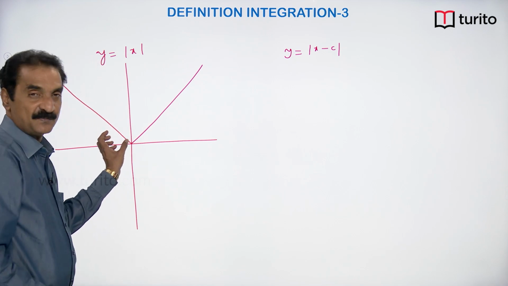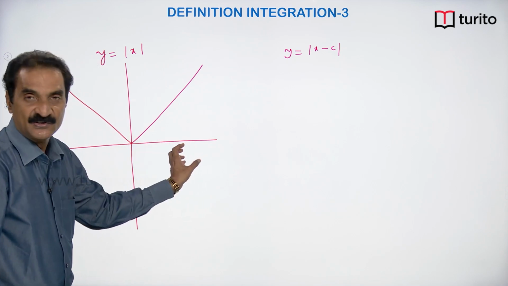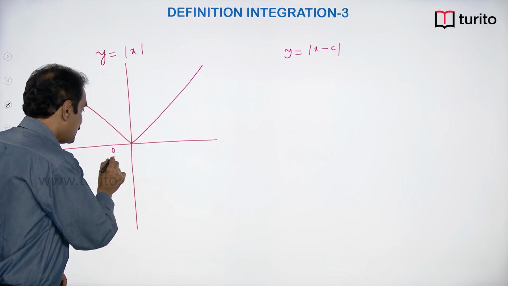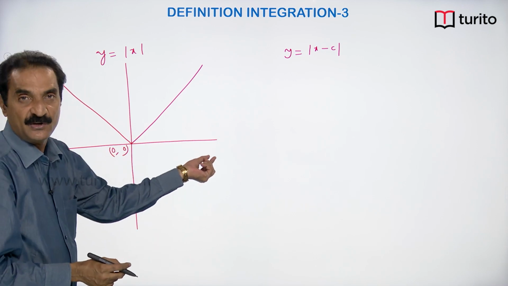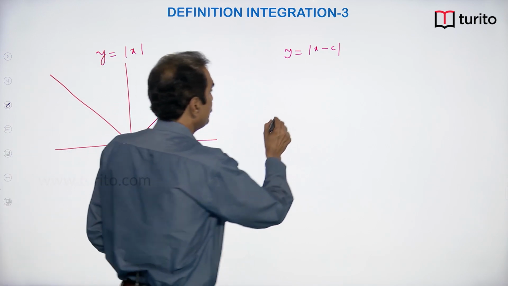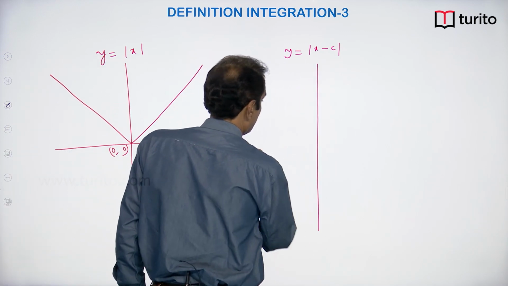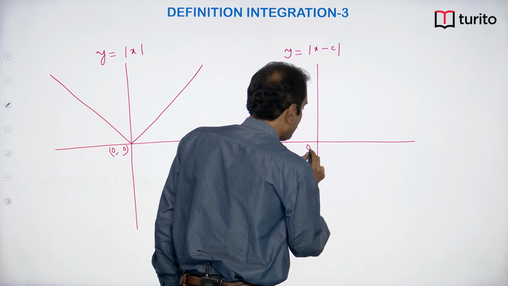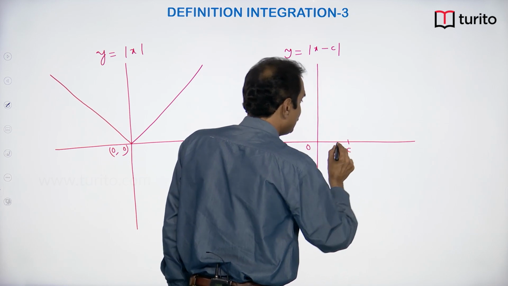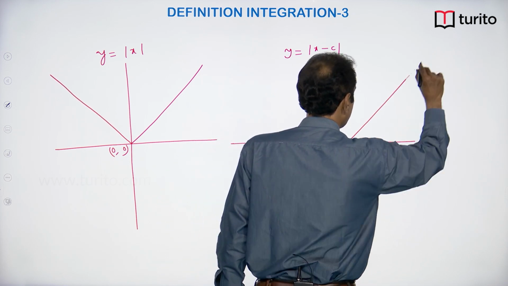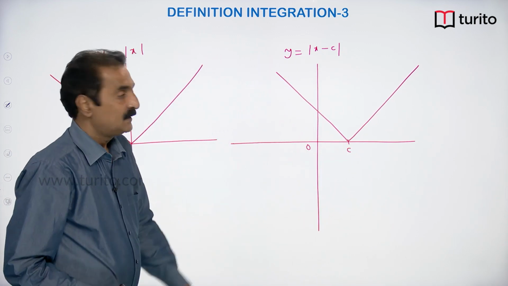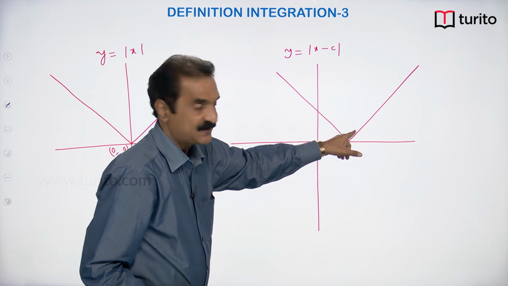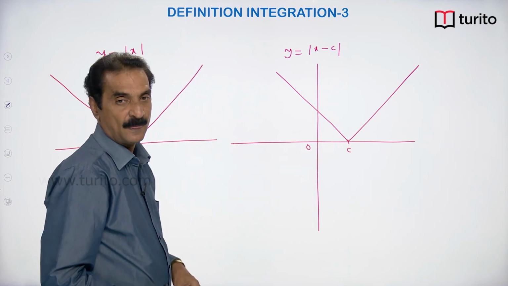You have to shift this by c units towards right. This is 0 comma 0. You have to shift this vertex by c units towards right. Then graph of mod x minus c will come like this. What is this angle? 45 degrees. This angle is 45 degrees.